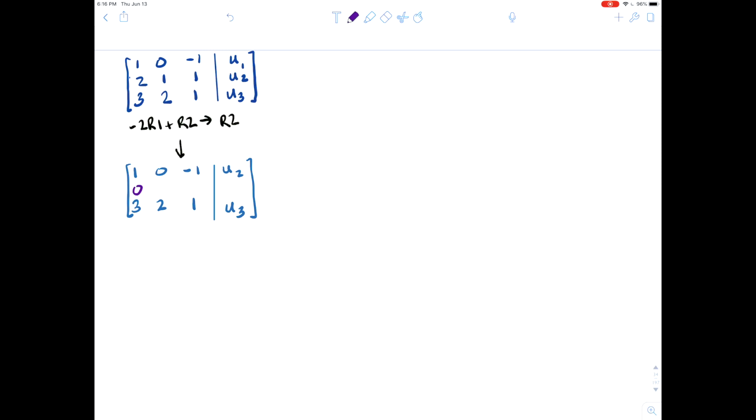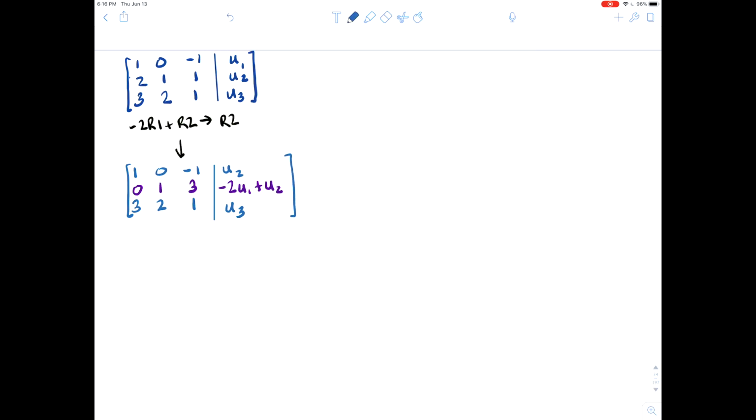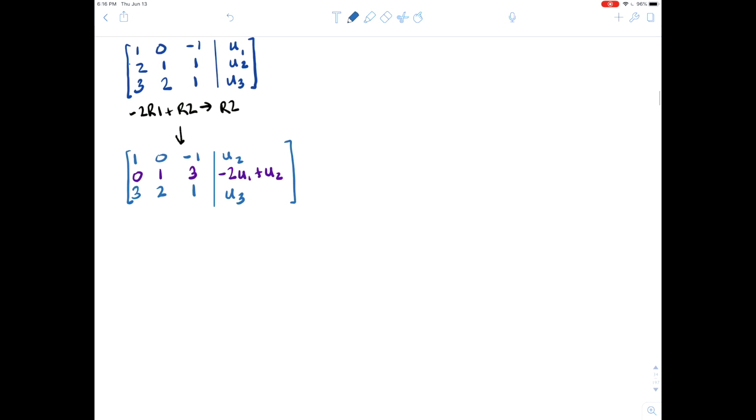We'll get 0, and then 1, 2 plus 1, we would get 3, okay? And then over here, we'll actually need a little more room, I think. What's going to happen? Negative 2 times row 1 would give me a negative 2U1, right? And then I'm adding row 2, so it would be plus U2. Cool so far? Awesome.